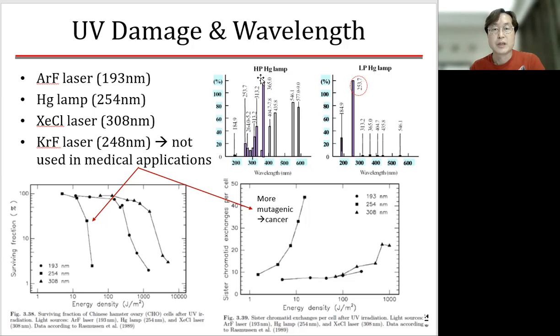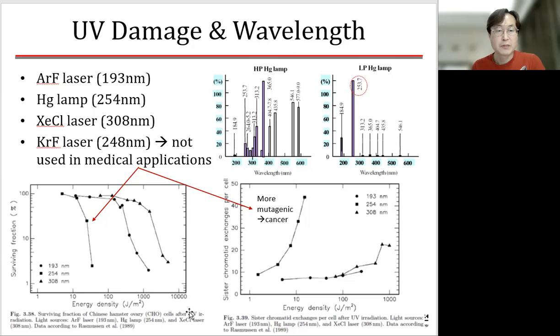Between high power and low power, there are differences in terms of the UV range of the light. The low power mercury lamp in general generates 253 nanometer light, but the high power mercury lamp generates a wide range of light in the UV.